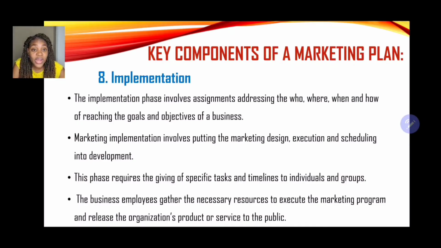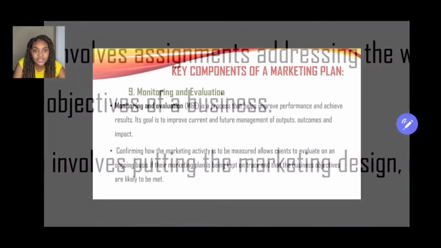This phase requires the giving of specific tasks and timelines to individuals and groups. And also, the business employees gather the necessary resources to execute the marketing program and release the organization's product or services to the public. And as I said before, this phase of the marketing plan is the action phase, right?